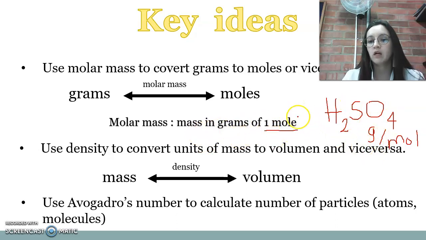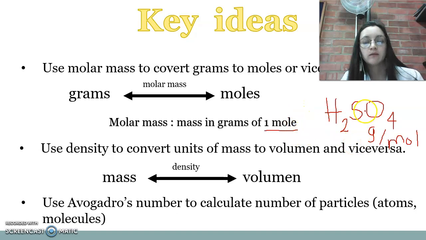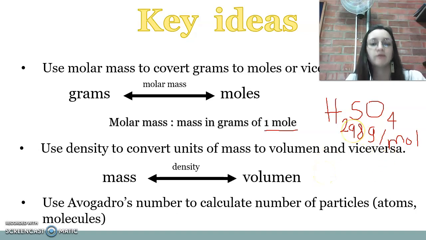That's my conversion factor. 1 mole equals, for example, for sulfuric acid, 98 grams. That's going to be my molar mass, and that's going to be my conversion factor whenever we have to do these kinds of conversions. I'm going to explain an example to clarify this step as well.